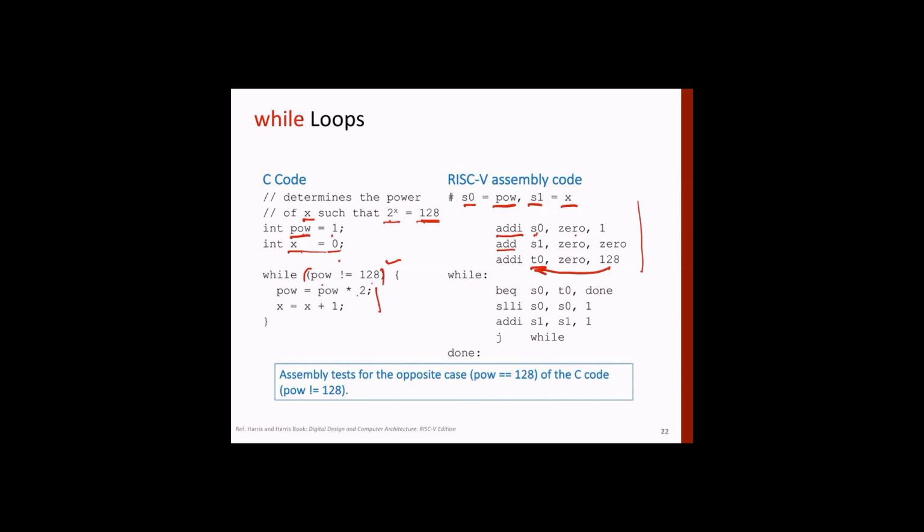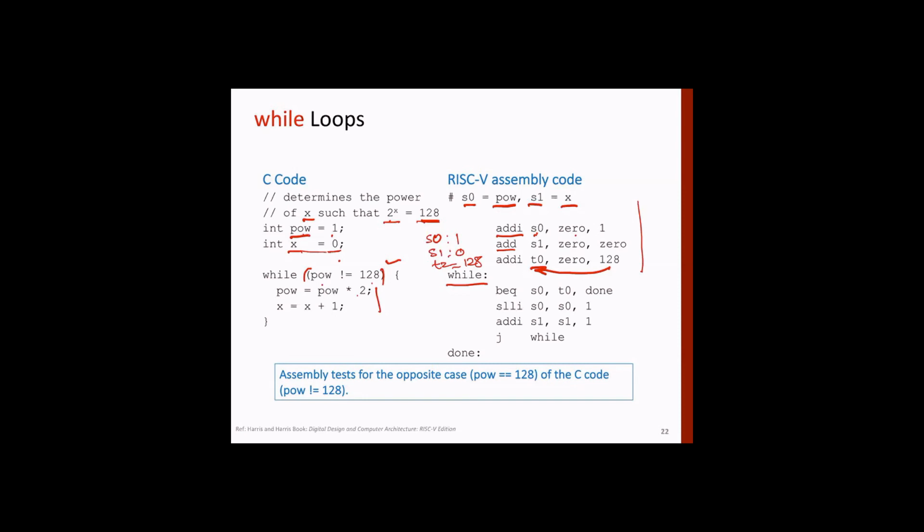So after execution of this, we know S0 will have 1, S1 will be 0, and T0 will be 128. Any doubt? It's simple. Now you have a label here, while. Note that while is a high level language reserved word, not in assembly, so you can use this as a label.